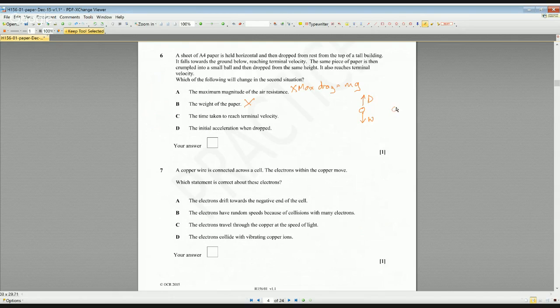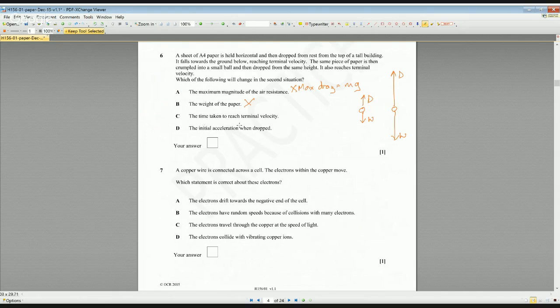With a more heavy object that has a larger weight, you need a larger drag before the object reaches terminal velocity. That means the object will have to fall for longer, until it's reached a higher speed, before that drag builds up enough to cancel out the weight of the heavier object.